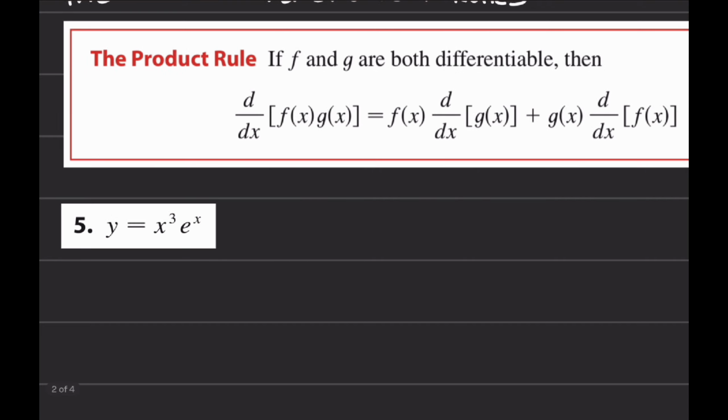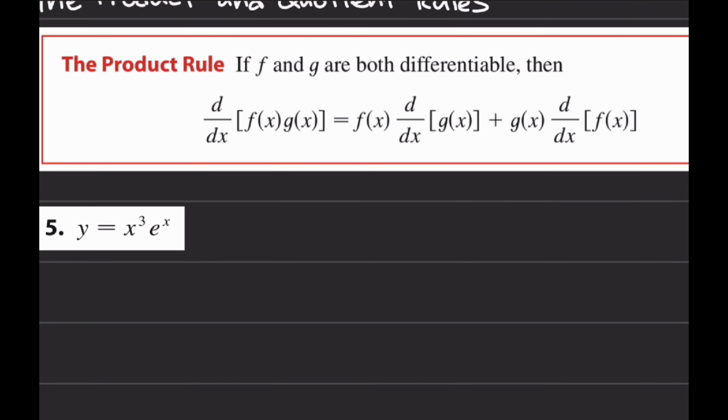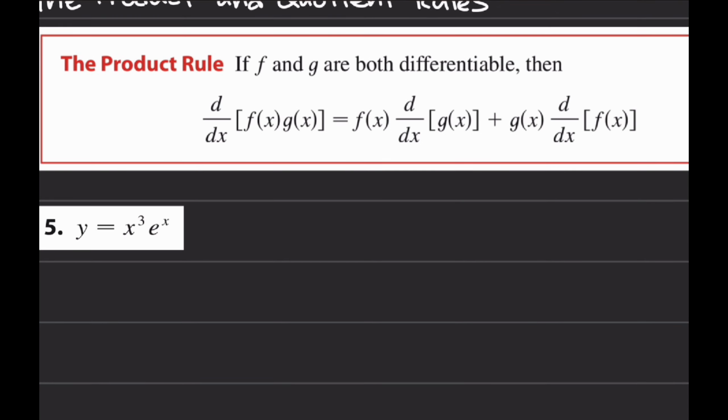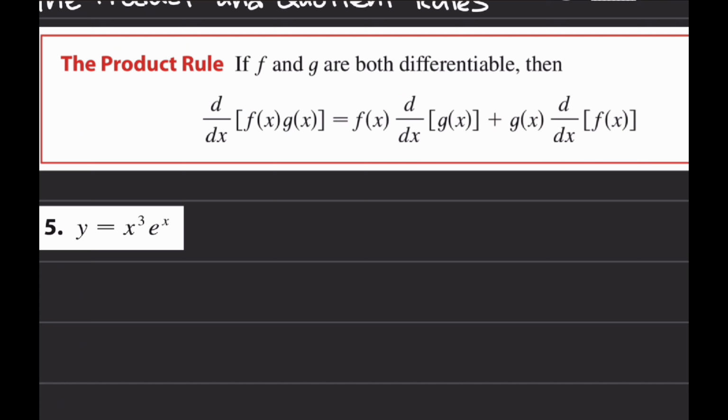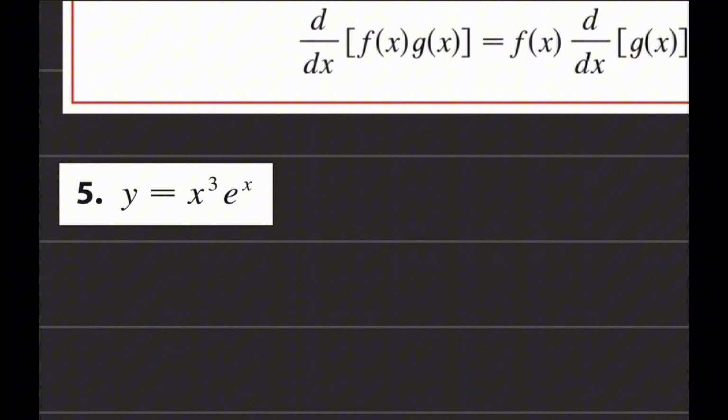All right. Now, if we look at the formula, then we could see that how to take the derivative is you leave one function alone, and then you take the derivative of the other, and then you leave the other one alone, and then you take the derivative of the first one. So we're going to be applying that same process to this function, right?